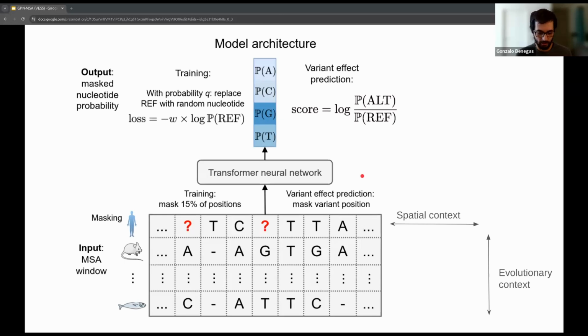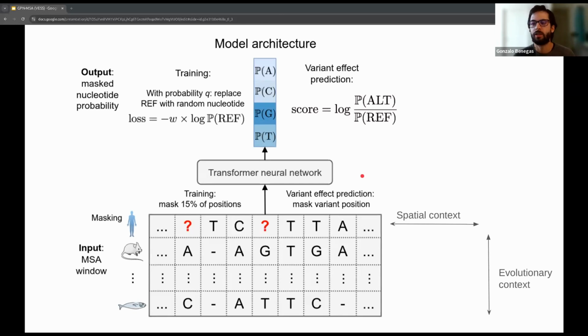We cannot model 3 billion bases at a time, so it's actually really small, just a 128 base pair window. And the idea is to mask a position in the human genome and predict it from the context, both the spatial context along the genome and the evolutionary context across different species.